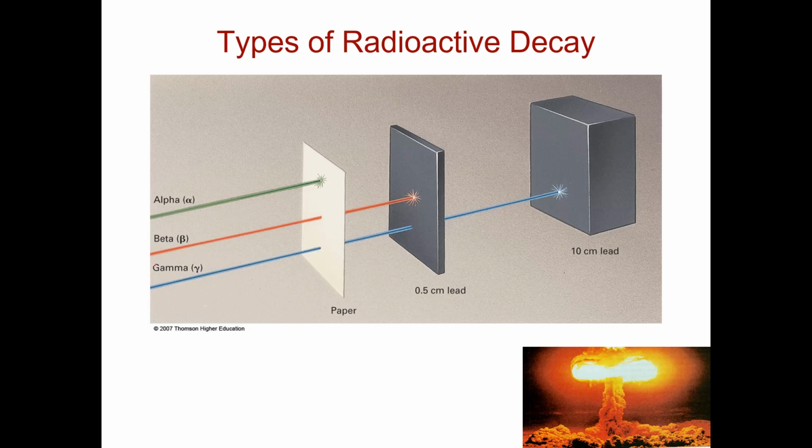If we have a beta particle, it has enough energy that it can travel through something like paper, but it would be stopped by a 0.5 centimeter block of lead. The gamma ray, though, actually has enough energy to get through the paper and the 0.5 centimeter lead. We would need a 10 centimeter block of lead to be able to stop the gamma rays.